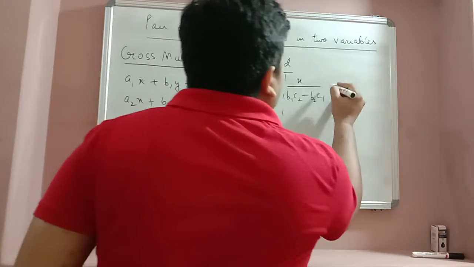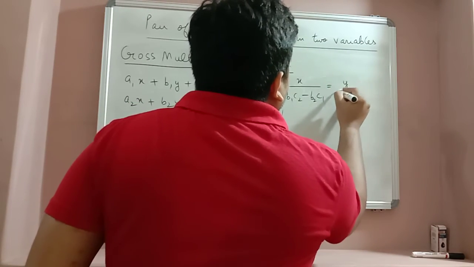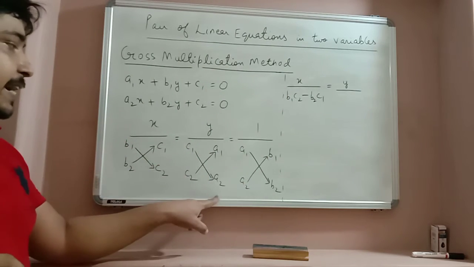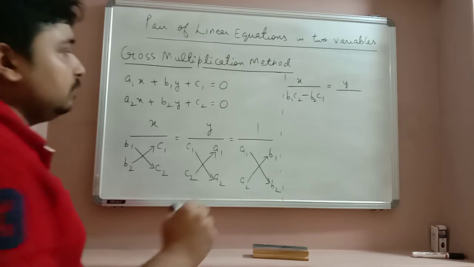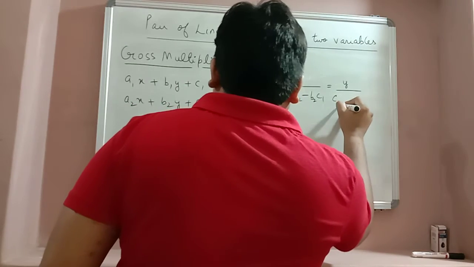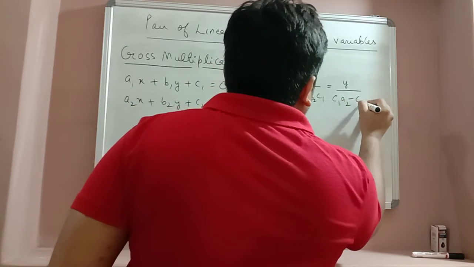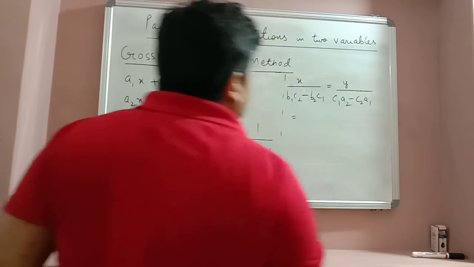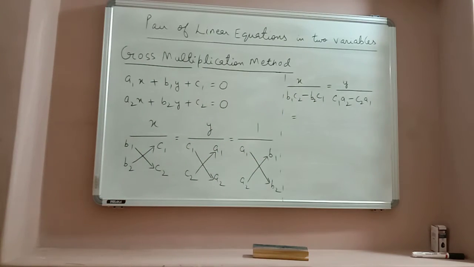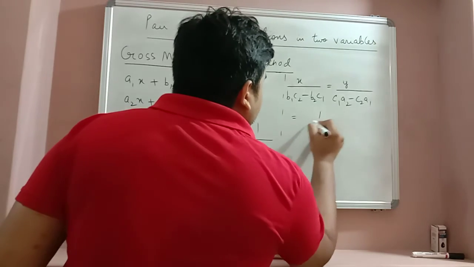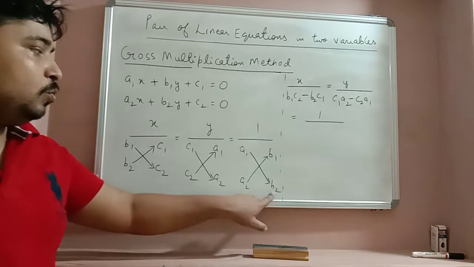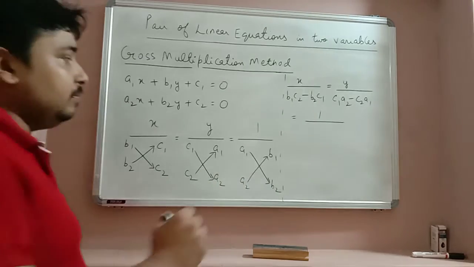Similarly we will do it in case of y. So y divided by c1 a2 minus c2 a1, and this is equals to 1 divided by a1 b2 minus a2 b1.